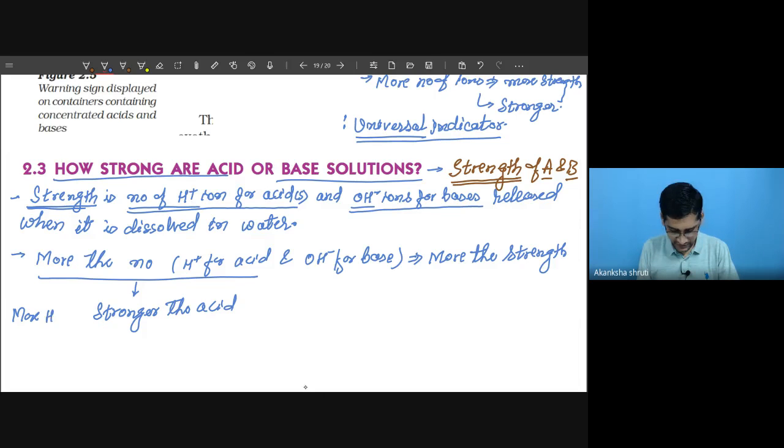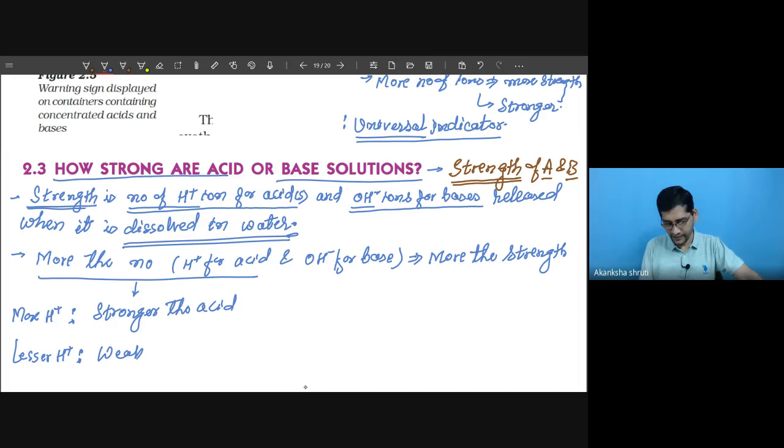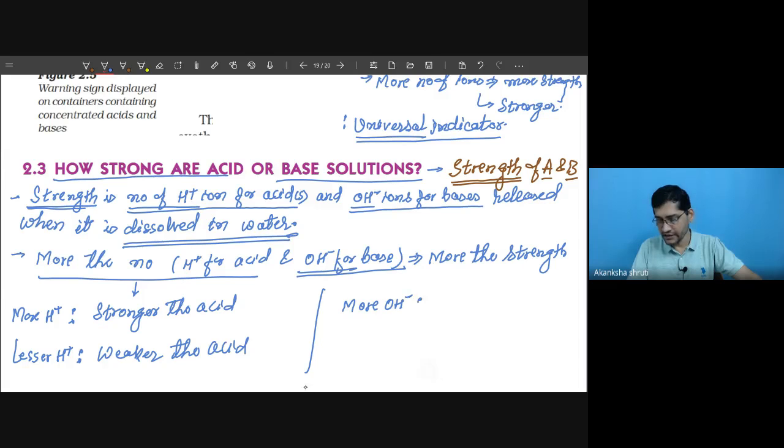More H plus is liberated, and if lesser H plus is liberated, we are always talking about while dissolving in water, then weaker the acid. The same thing is for base also, where we have to consider OH minus ion. So more OH minus ion is liberated by the substance in water, the stronger the base.